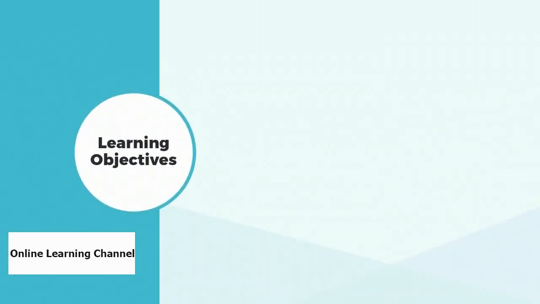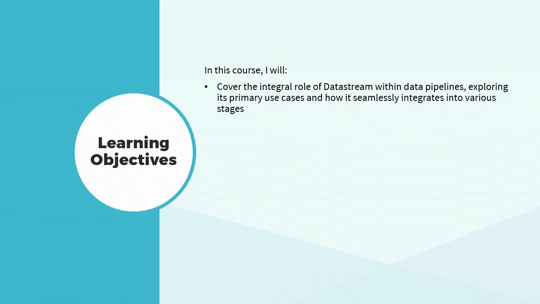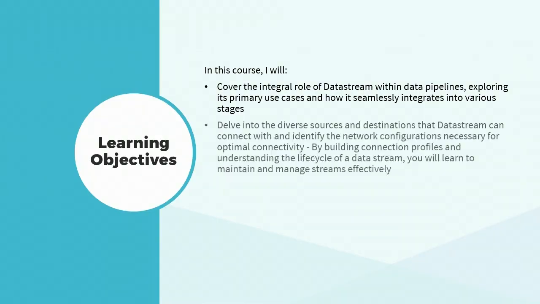You can't make a great meal without getting your ingredients in the pot, and you can't enjoy great data analysis without bringing in data using a service like Datastream. In this course, I'll cover the integral role of Datastream within data pipelines, exploring its primary use cases and how it seamlessly integrates into various stages. I'll delve into the diverse sources and destinations that Datastream can connect with and identify the network configurations necessary for optimal connectivity.